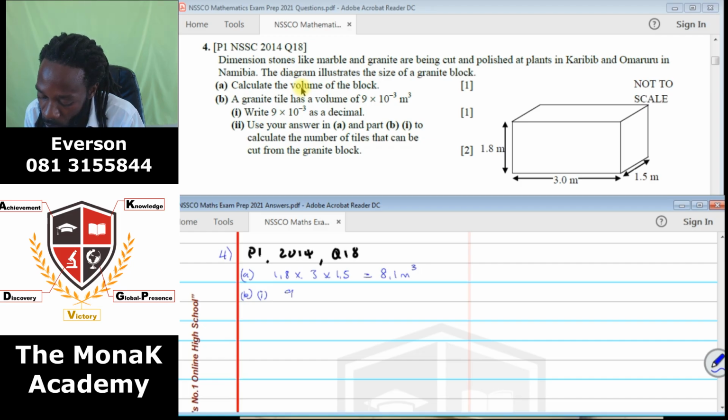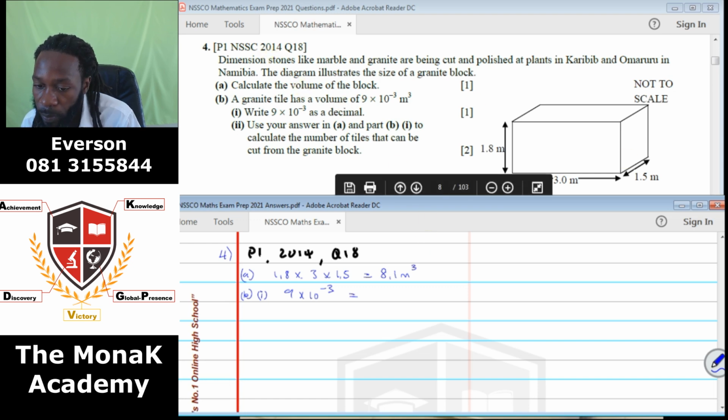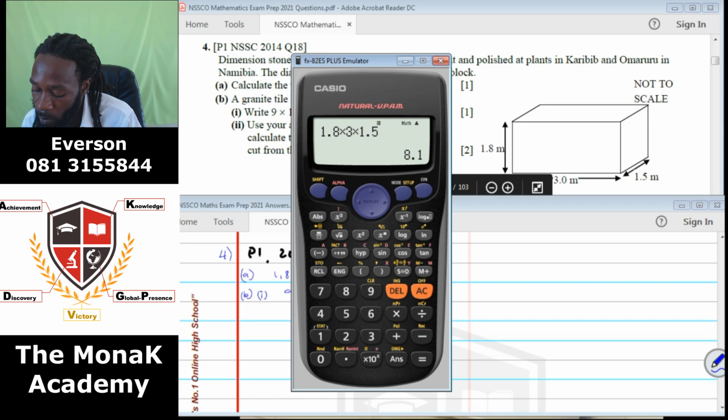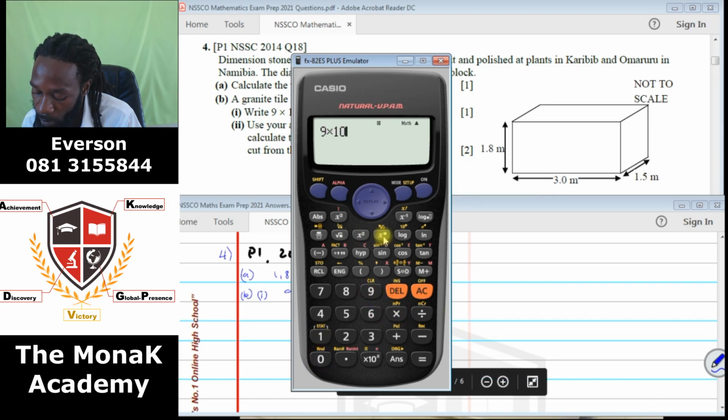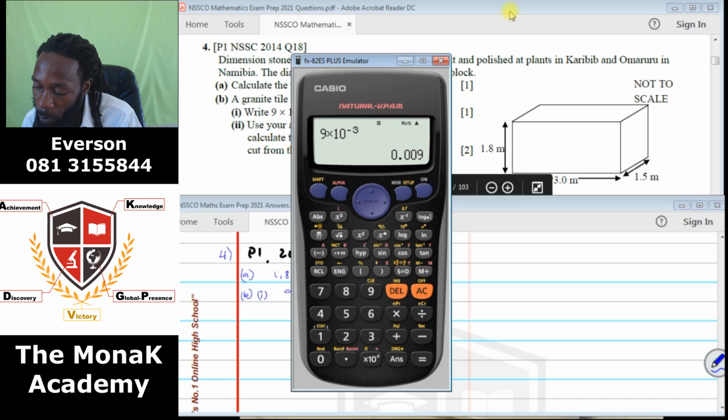So you simply go and use your calculator and make it a decimal, because right now it's in standard form. So 9 times 10 to the power negative 3 is 0.009.